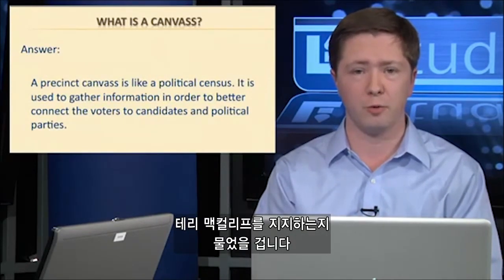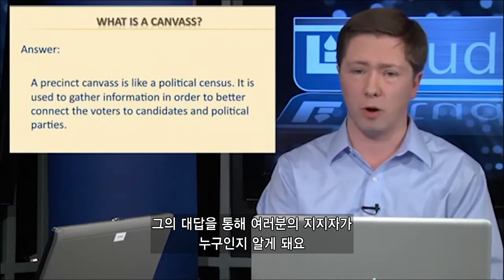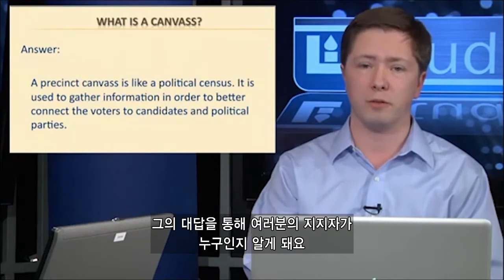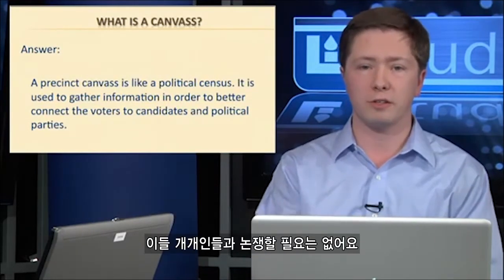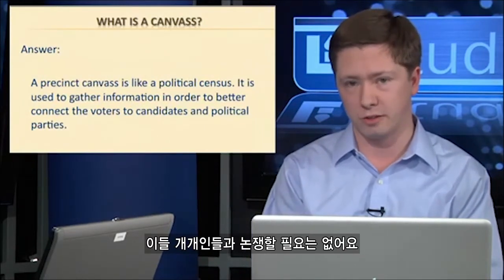These are the two major party candidates. And if Mr. Smith said, well, I support Terry McAuliffe, he's the Democrat. All right, well, do you support the Republican or the Democrat for lieutenant governor, and so on and so forth, so you can see who your supporters are. This isn't a campaign opportunity necessarily.